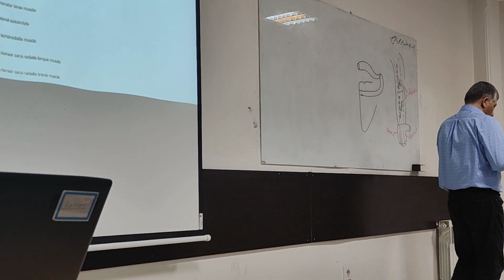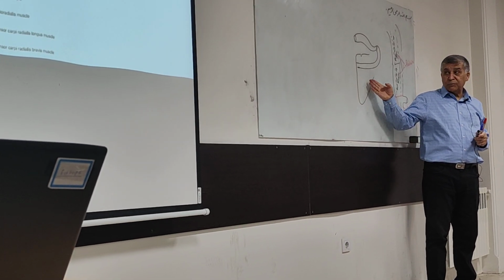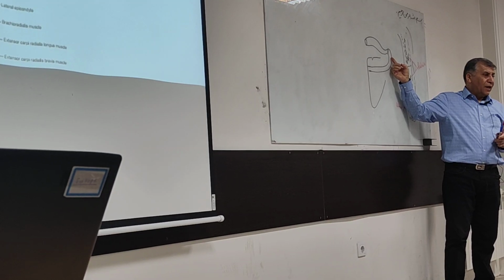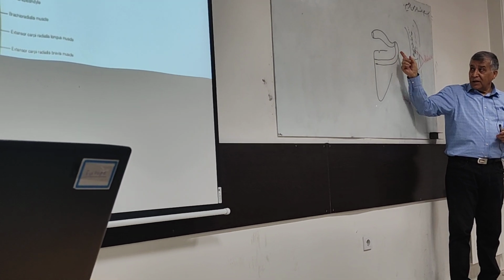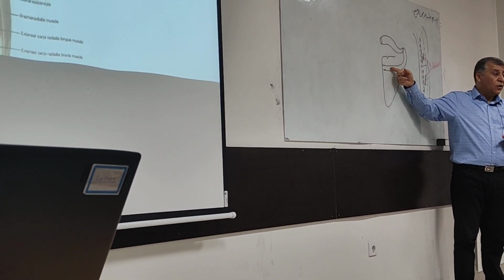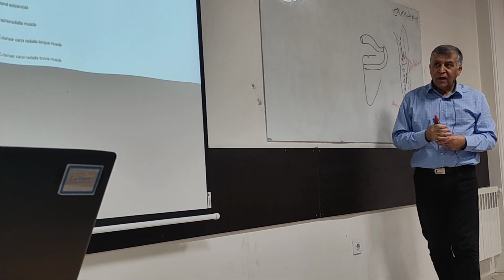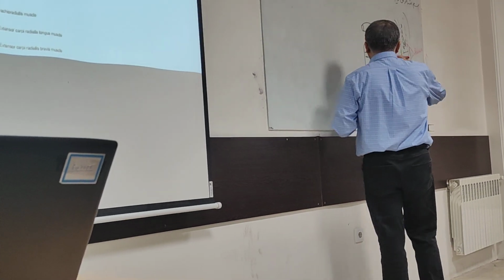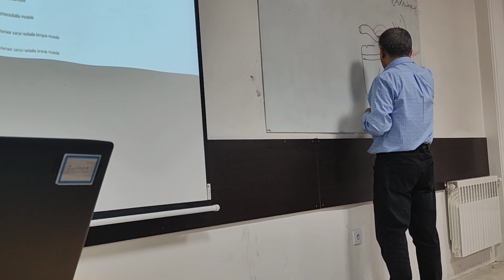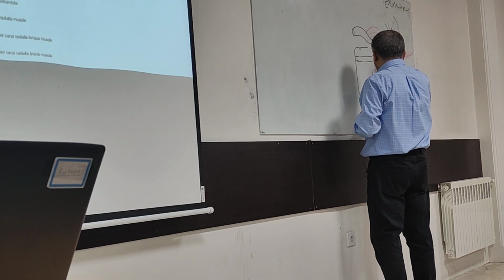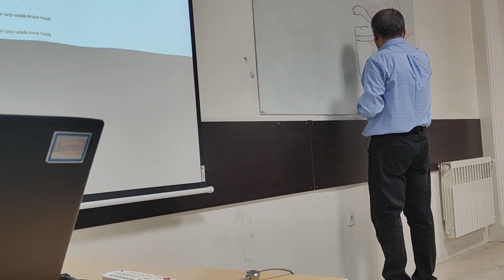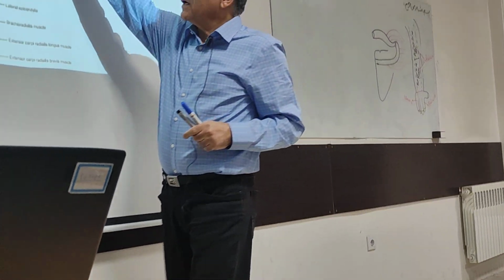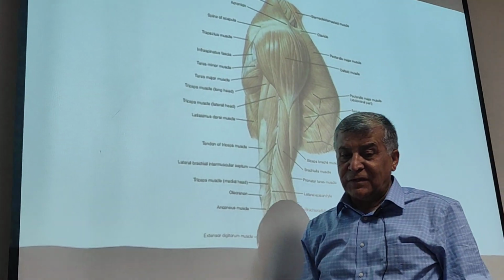Okay. Deltoid muscle. What is this? This one is the spine. This one is the acromion, the continuation of the spine. The deltoid muscle originates from the clavicle, acromion, and spine of the scapula.